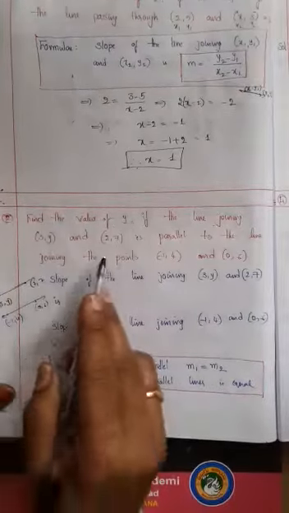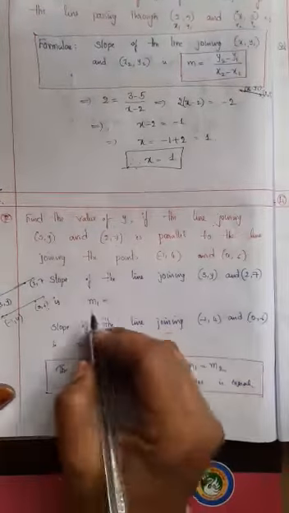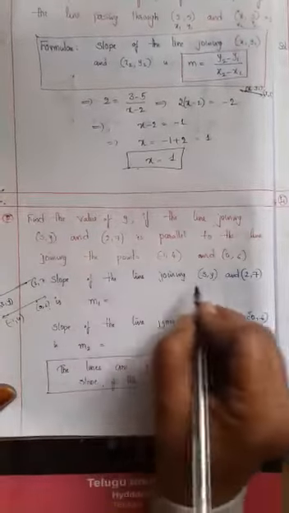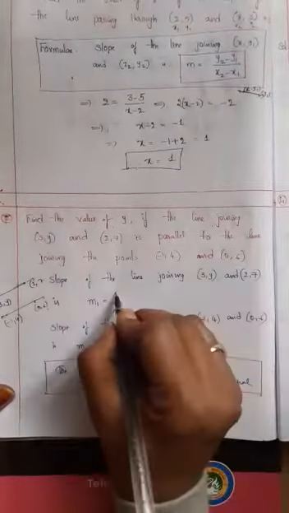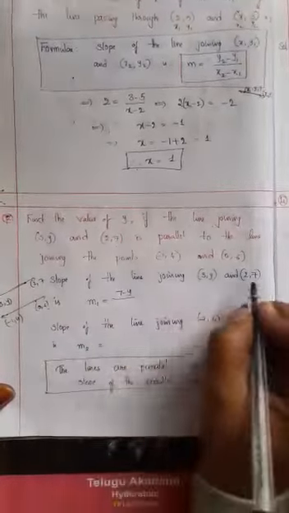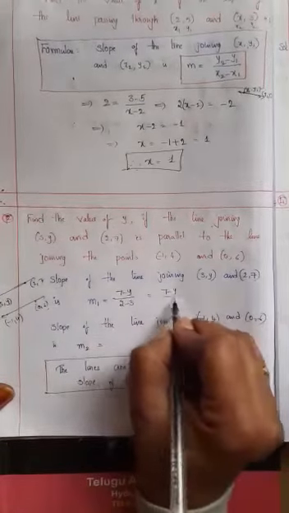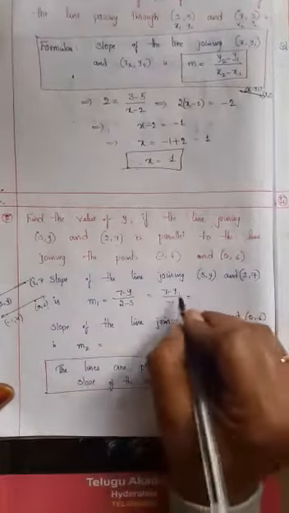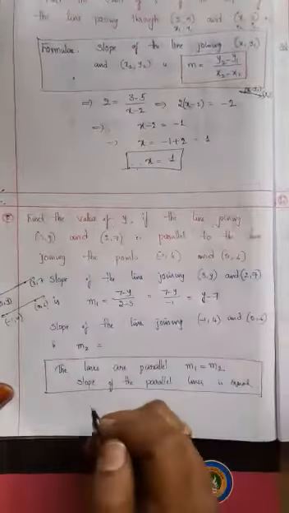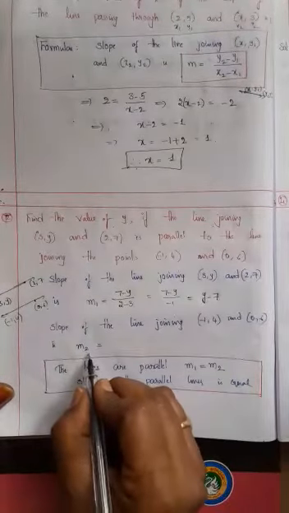So, we have to find the value. Let us find the slope of the first line, that is given by (y2 minus y1), (7 minus y) by (2 minus 3), that is equal to (7 minus y) by minus 1, that is nothing but y minus 7, and we will find m2.